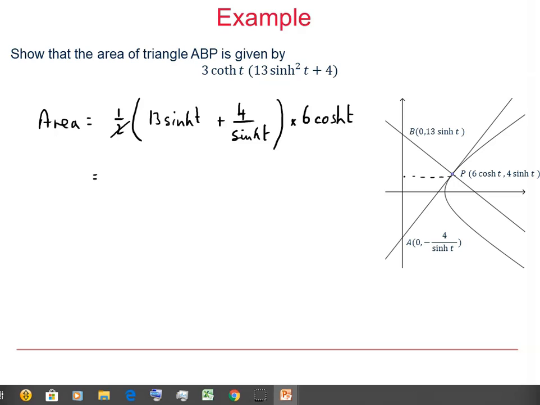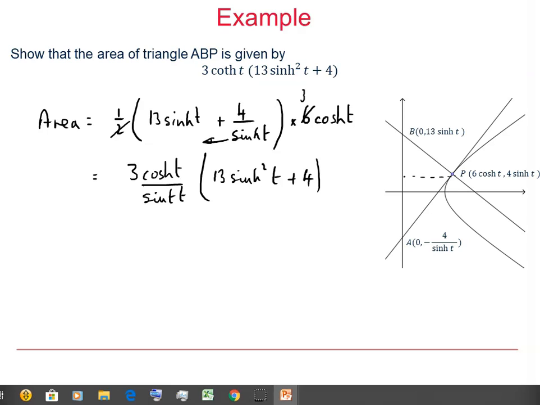If we divide by the 2, that gives us 3 cos t at the end, and if we now take out of the bracket sine t, we end up with 3 cos t divided by sine t, and in the bracket 13 sine squared t plus 4.